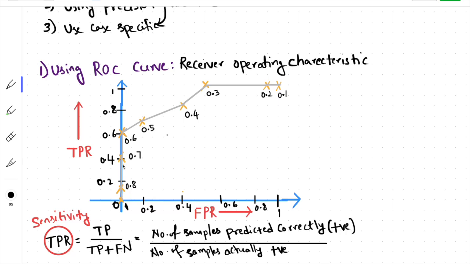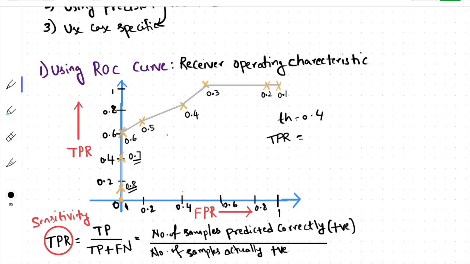So here I have plotted, and these values are the thresholds. When the threshold is set to 1, 0.8, 0.7, how are the true positive rate and false positive rate changing? So let's take an example. If the threshold is 0.4, what would be the true positive rate?